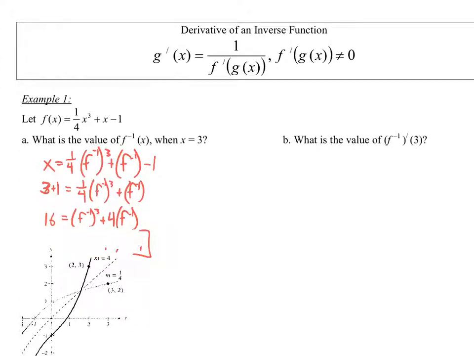I don't want to do that, because it's not equal to 0. So I get 0 equals f inverse cubed plus 4 times f inverse minus 16, right? Alright, so now we have to solve for what would make that equal to 0.